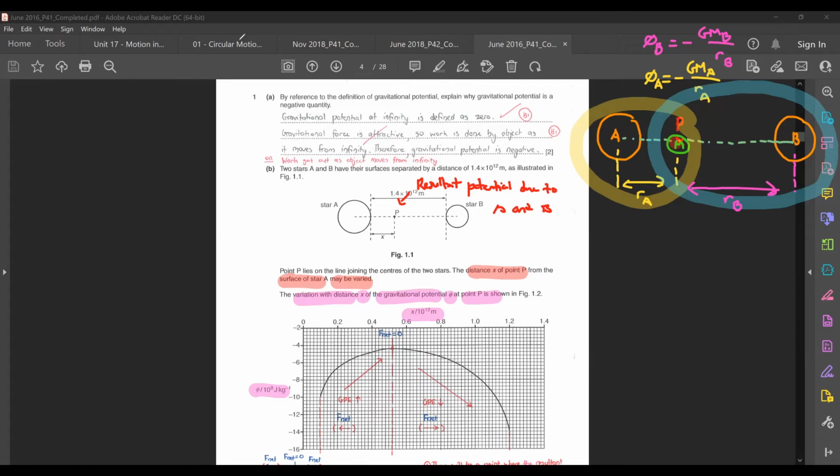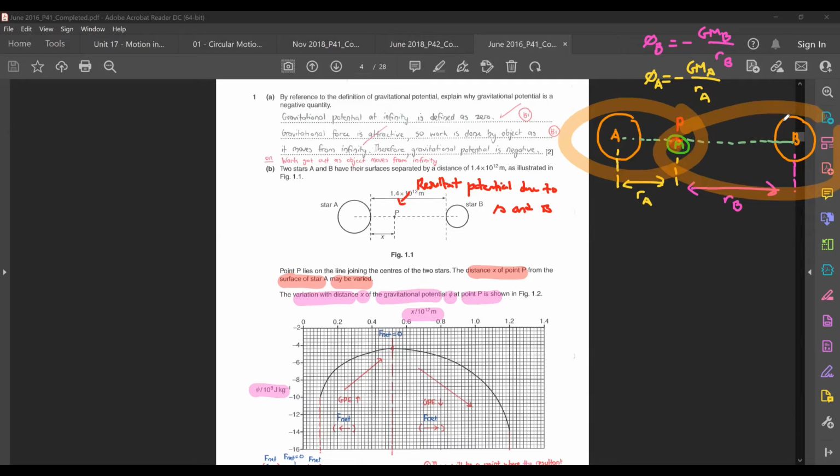Okay, so far so good. At this point P, I put a test mass. I want to find the resulting potential, but I have to consider the potentials individually due to the different masses. So I first consider the potential due to star A, and then I also consider the potential due to star B.